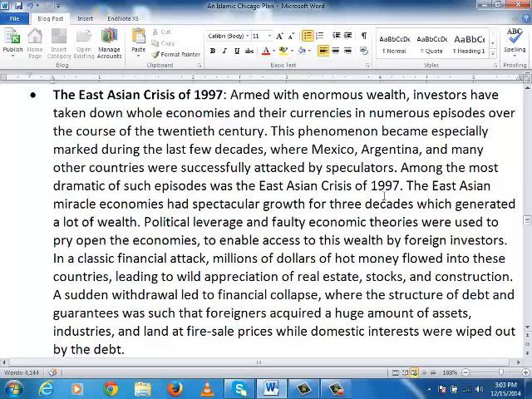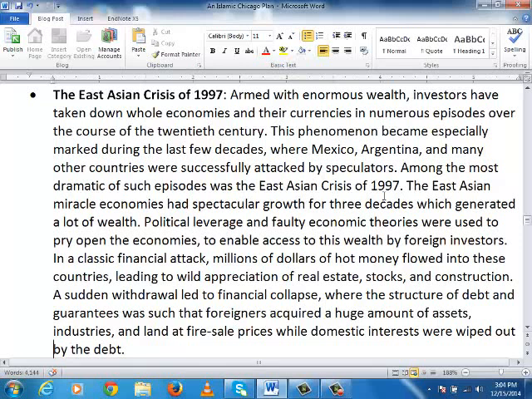So this excess money which was in the hands of the wealthy was used in what is a classical financial attack. All of this money was given to East Asia as a debt. People borrowed, and with this money they invested in useless things like land and stocks, and buildings were constructed where there was nobody to buy.